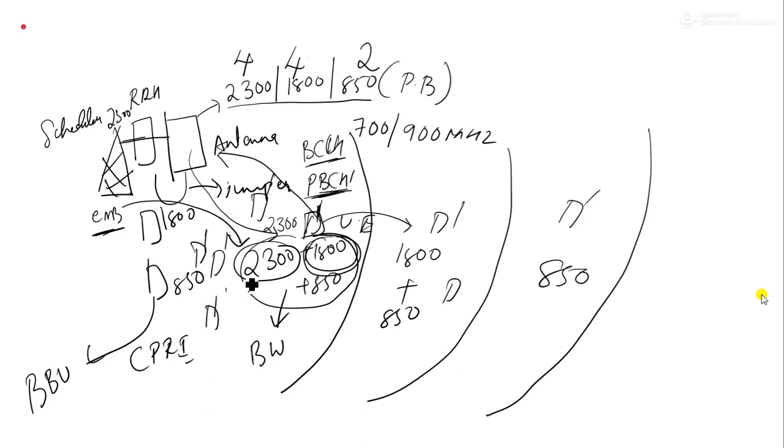So the eNodeB also has to take care of how many active users there are inside its coverage. If 2300 is getting congested, it is no longer a coverage issue, it is a congestion issue. So I will push these users to 1800 or 850, even though they are in near coverage areas.